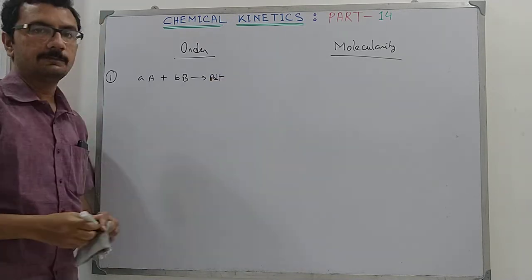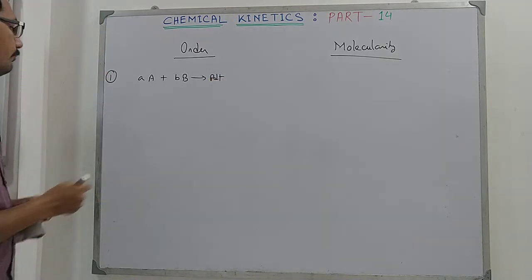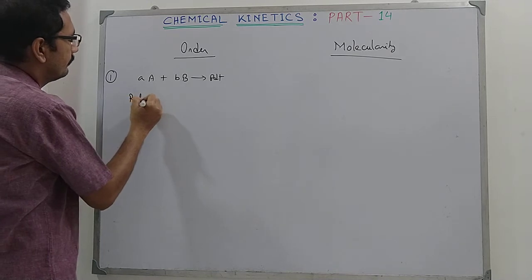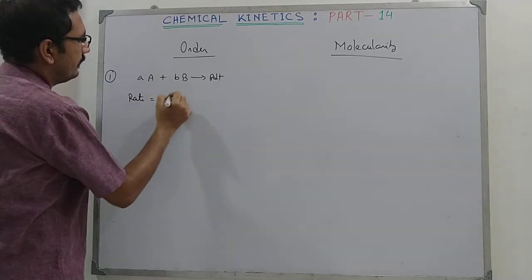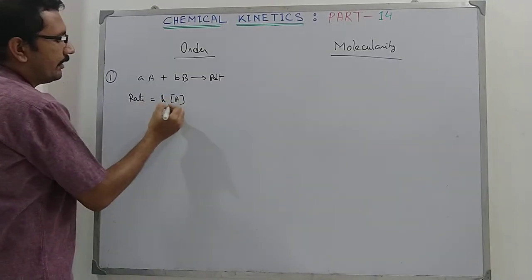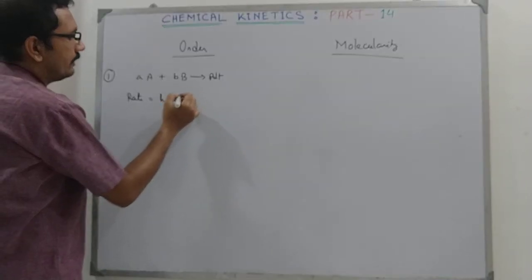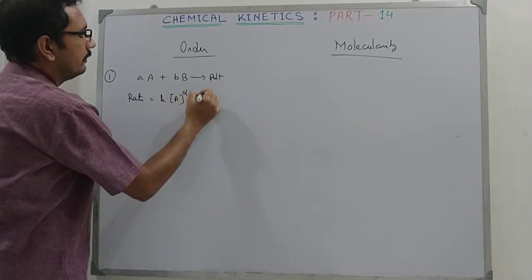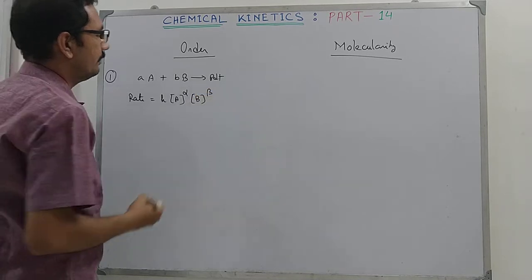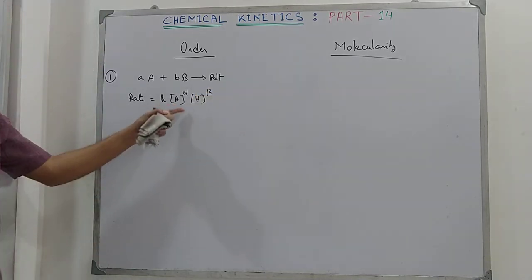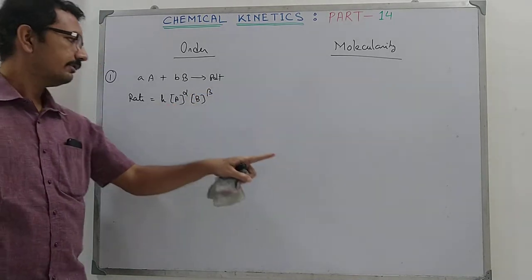To have the order, first you have to write the rate equation. What is the rate equation? Rate equals rate constant into concentration of A to the power alpha into concentration of B to the power beta. You don't know what the order is, so you go for the experiment.